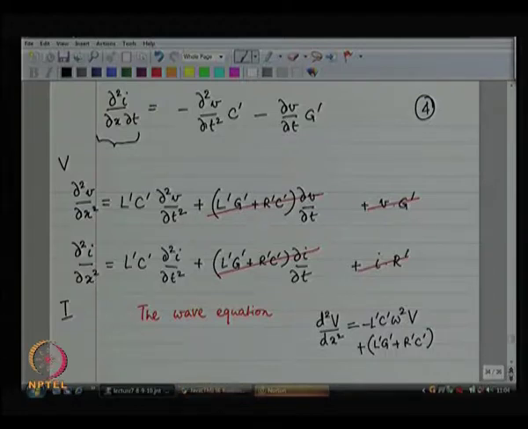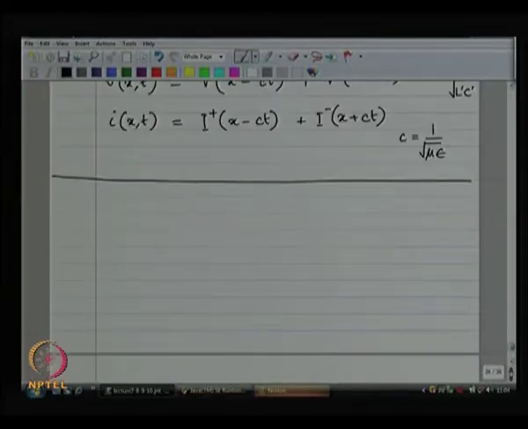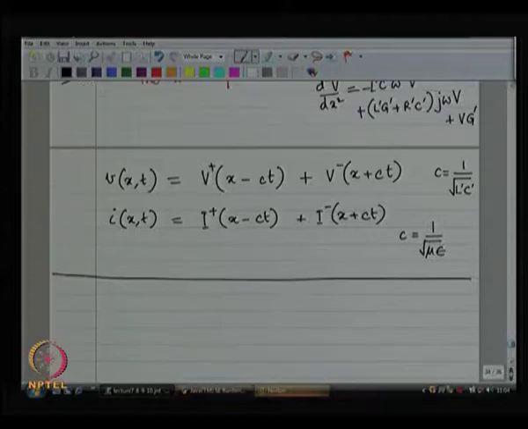It is j omega times V. And the third term is V times G prime. Okay. And similarly, you can work out the equation for the current. It is going to be a very similar equation. So, let me rewrite this equation.